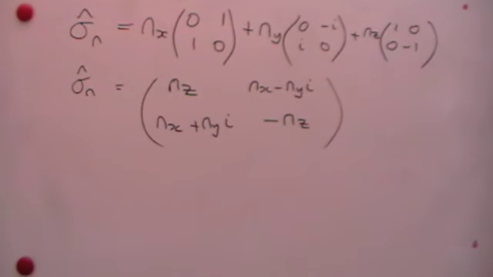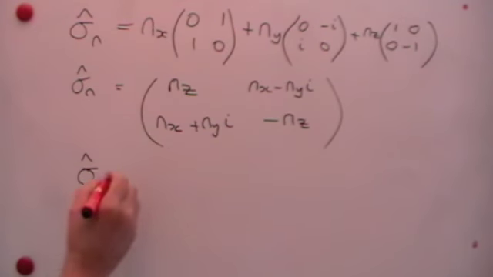But you will notice that this is a Hermitian operator. If you reverse these two and complex conjugate, you get the same thing. nx plus ny i going up here, change the sign, becomes nx minus ny i. So it is Hermitian, it will work. So what we now know is that if it's Hermitian and it's an operator, it will become an experimental measurable.